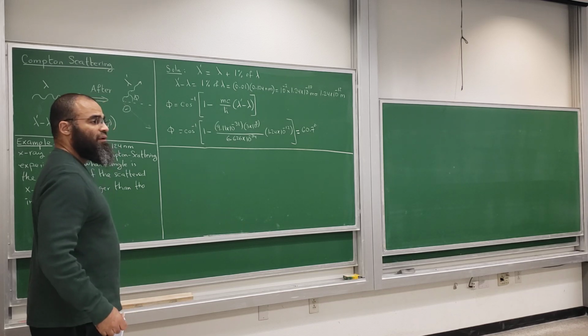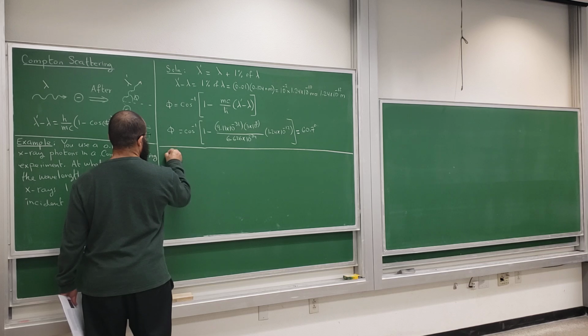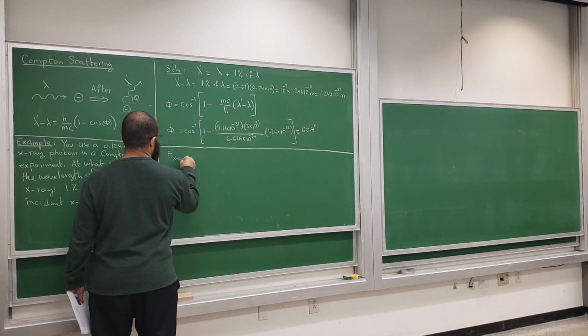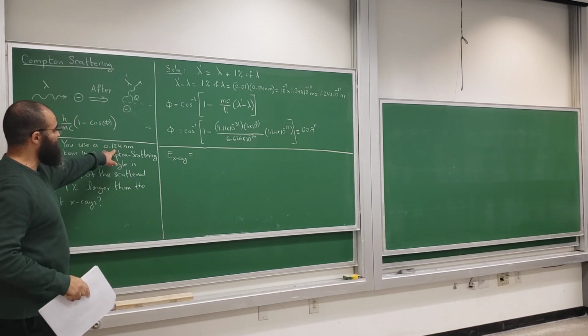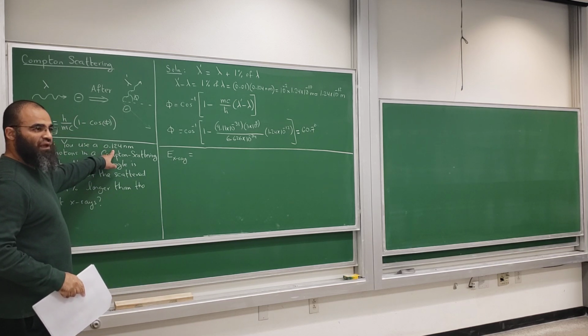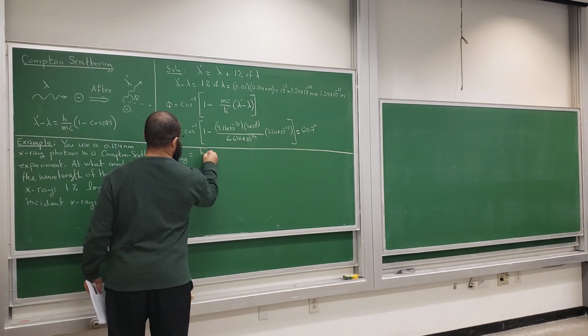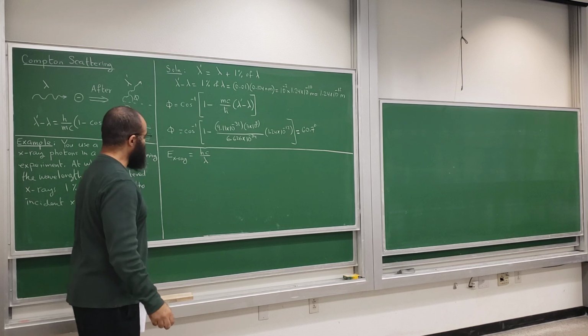So what is the energy of an X-ray photon? Let's say that X-ray photon has this wavelength. Remember, the energy for a photon is hc over lambda, right? It's hc over lambda.